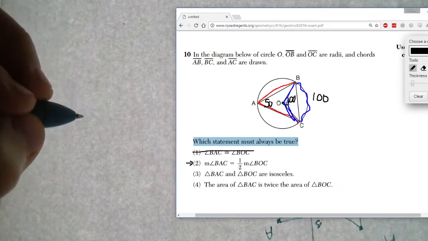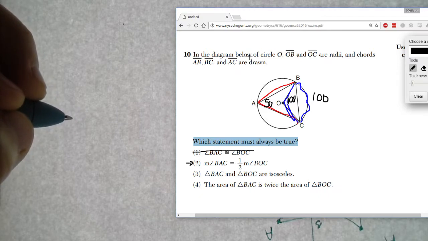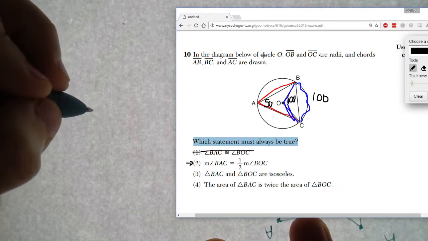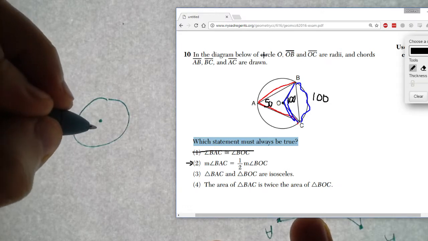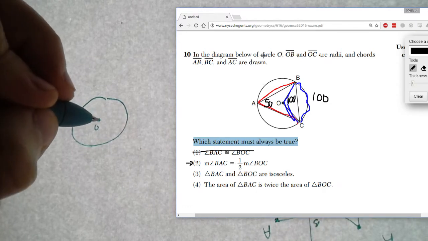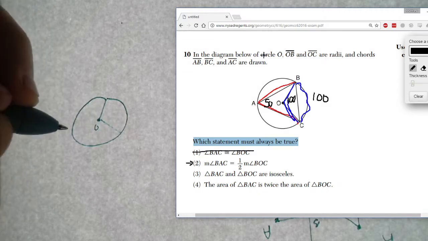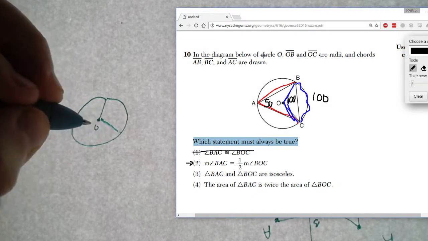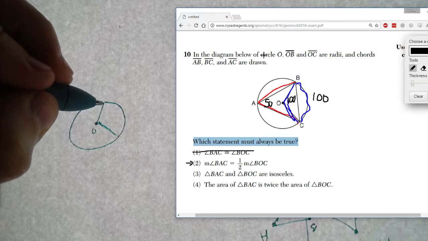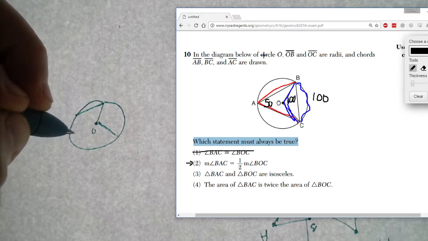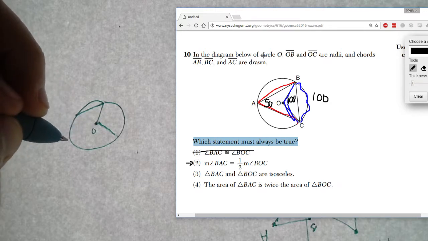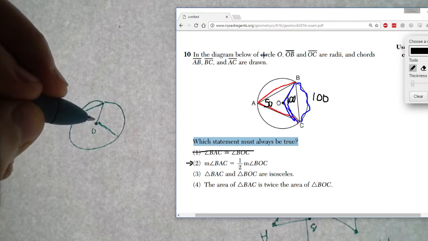If I draw a picture using just the description they give, well, I've got a circle. The center of it is O. OB and OC are two radii. And then the chords that I'm going to draw, well, maybe this chord goes this way. They didn't say that angle A and angle O needed to line up perfectly.